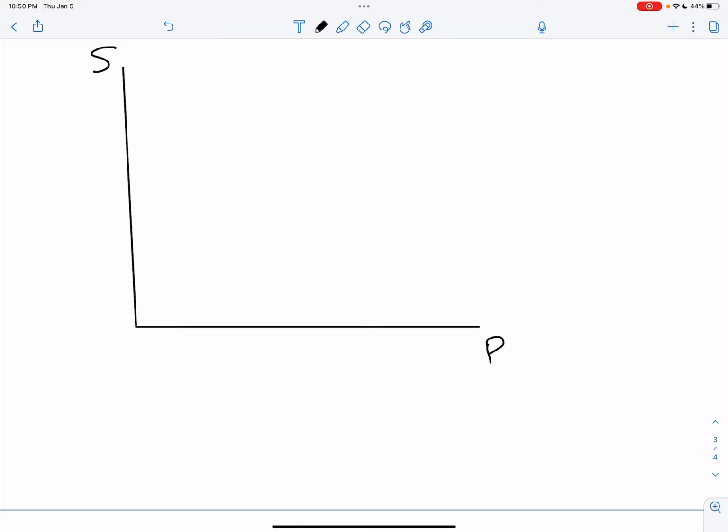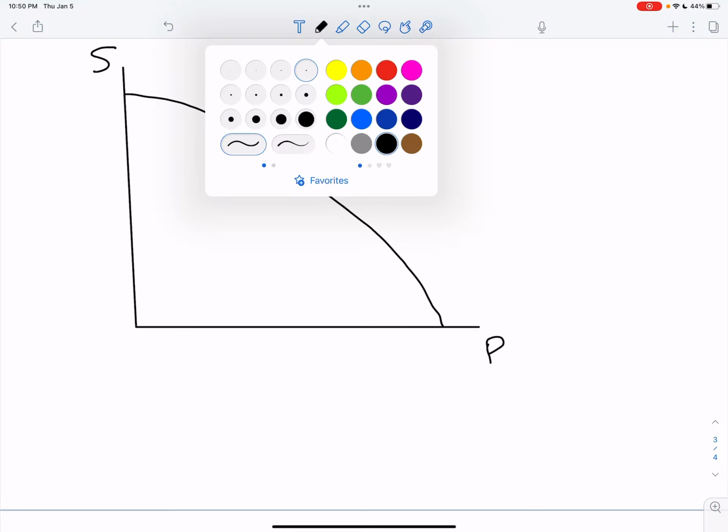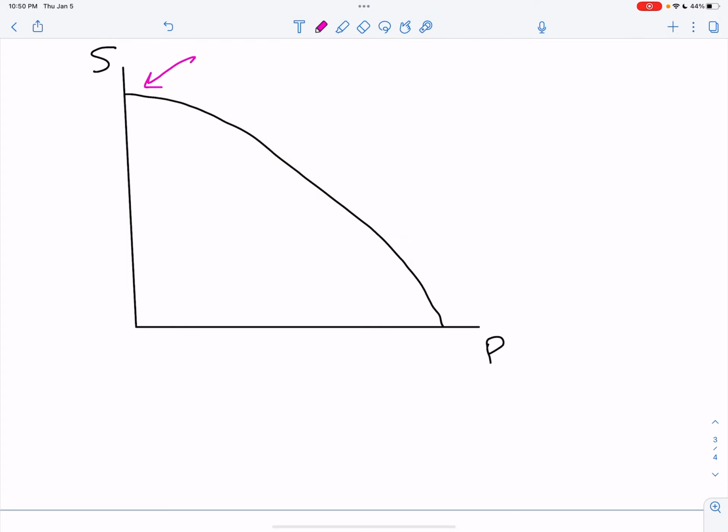We tend to draw PPFs like this. Always takes me a few tries, but I get it. All right, something like that. This is referred to as a concave PPF. Now, why is it concave?